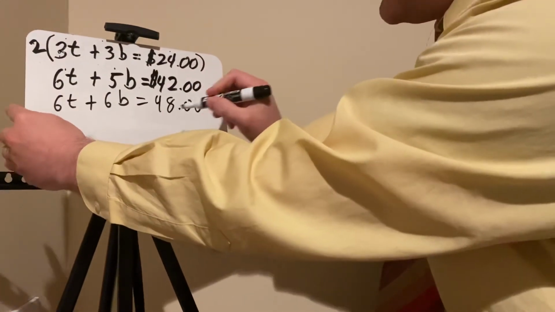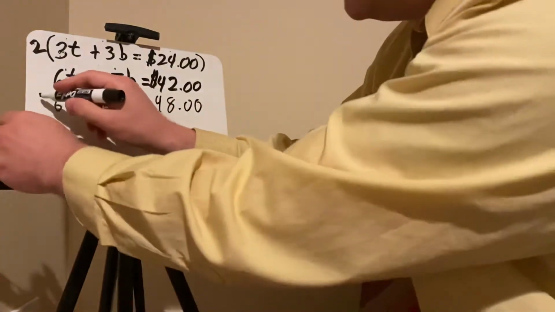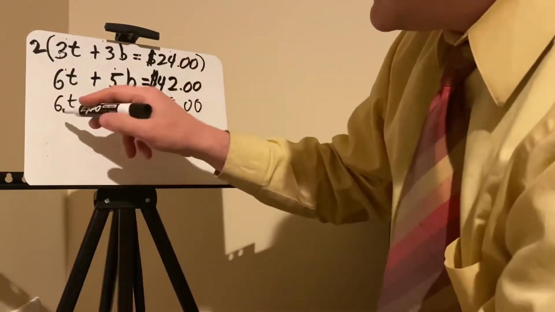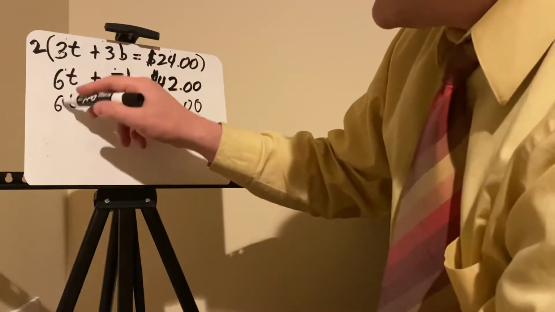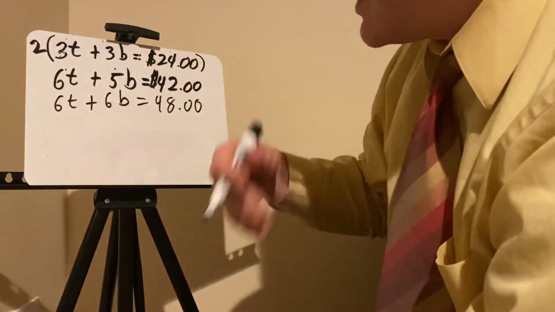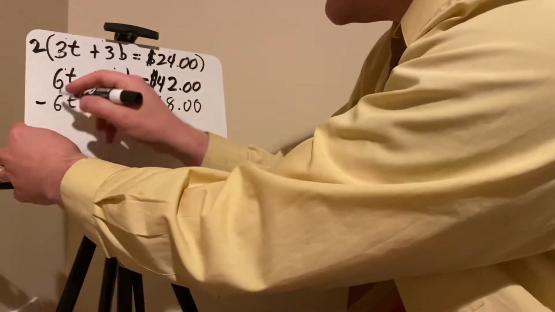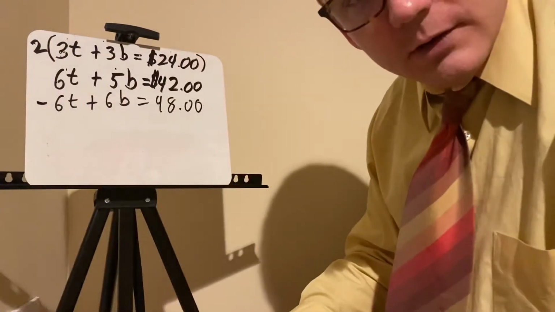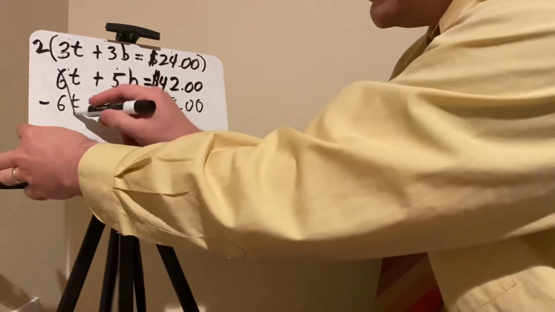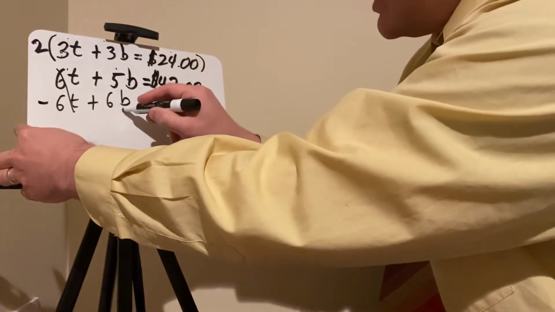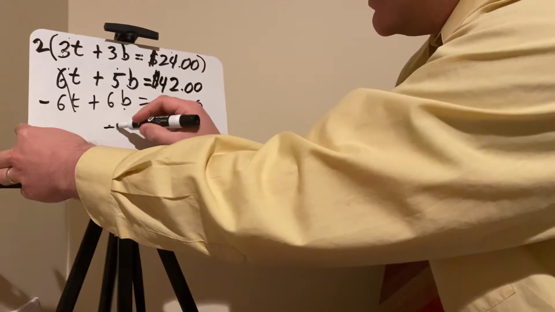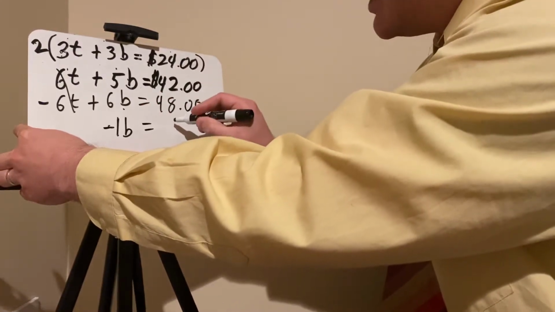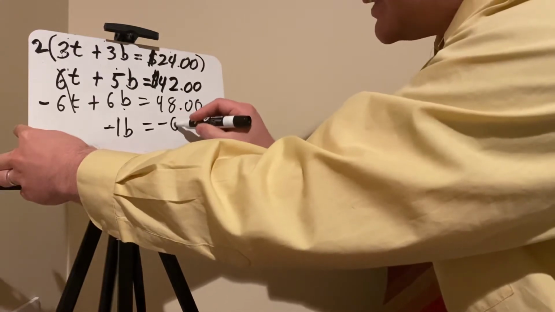So now, when I look at these two equations, they have the same exact coefficient and the same sign, so I'm actually going to subtract them because 6t minus 6t equals 0. So this will be 0. 5b minus 6b is negative 1b equals 42 minus 48, which is negative 6.